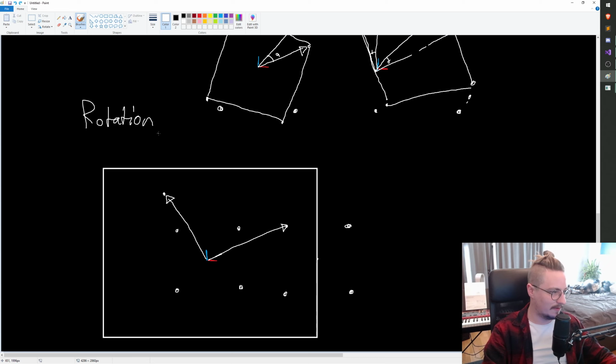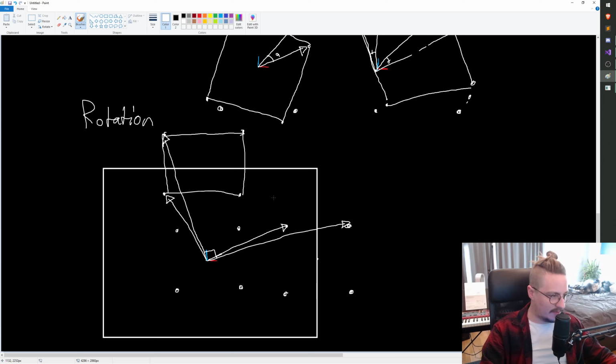No, actually, it's going to go over here. Yeah, there we go. So that's 90 degrees. This vector here, 90 degrees, like so, keeping the length. And the same thing is going to happen for each of them. So this is going to be rotated 90 degrees over here, and this is going to be 90 degrees over here. And here's our square now. What happened was we rotated all the vertices around the middle of the screen as a pivot point.